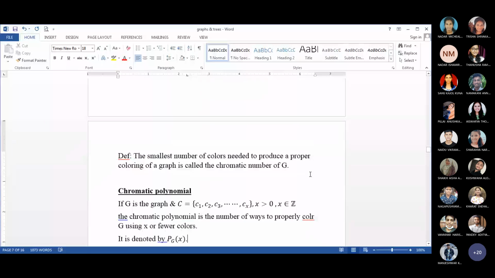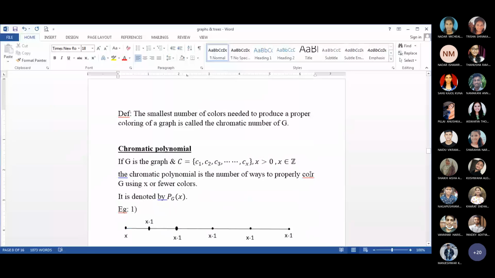Next is the definition of the chromatic polynomial.